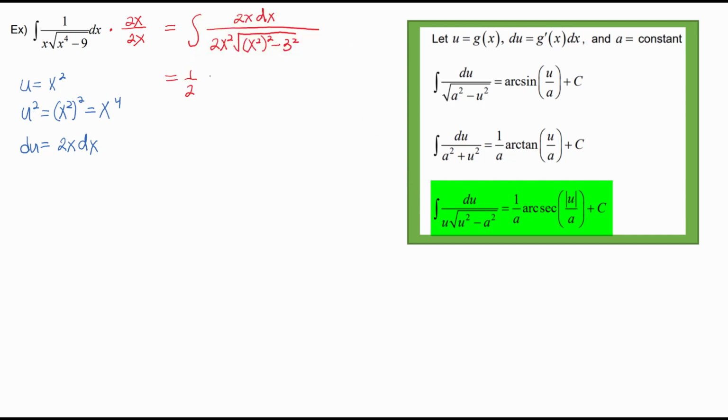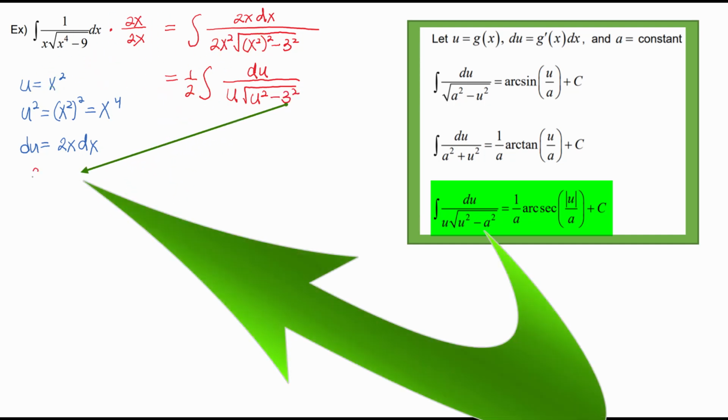So I'm going to pull out 1/2 integral of, let's now convert it to u du. So 2x dx is my du, and x squared is my u, and x to the fourth is again u square minus 3 square. So my a is 3.